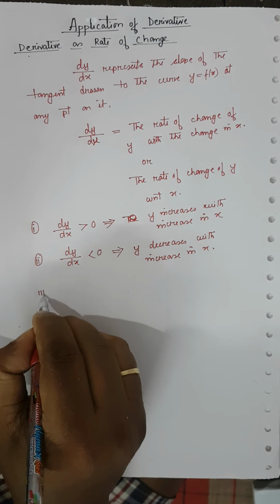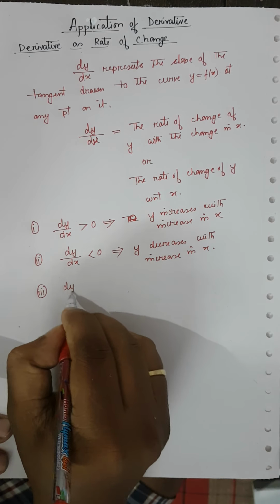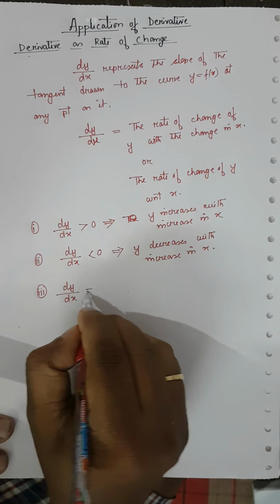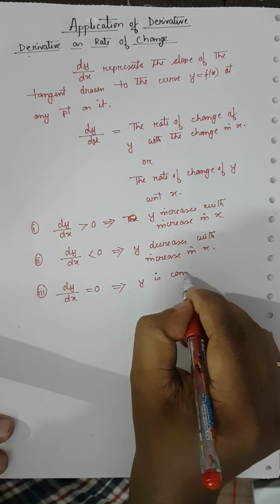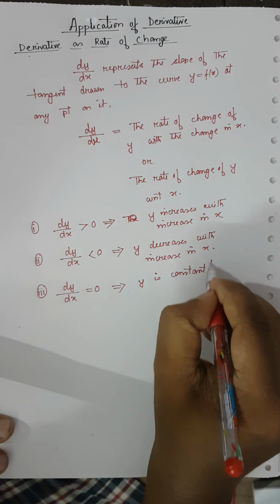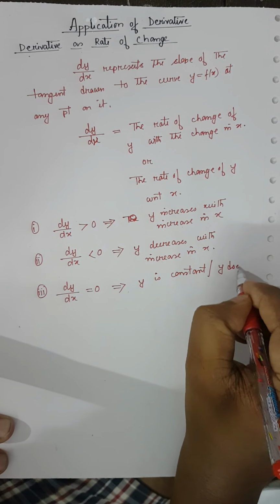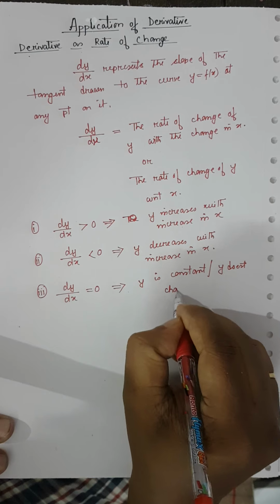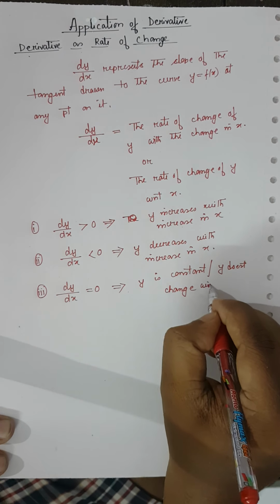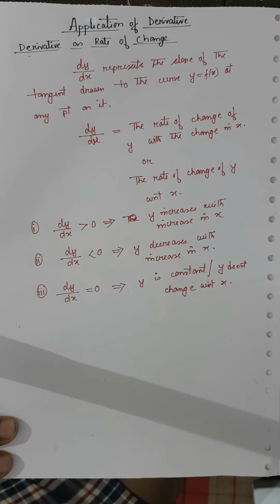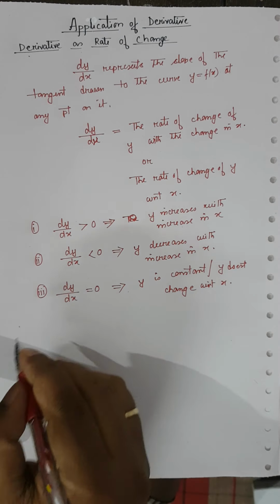Number 3, when dy by dx is equal to 0, that is y is constant, or you can say y does not change with respect to x, so y is a constant function.